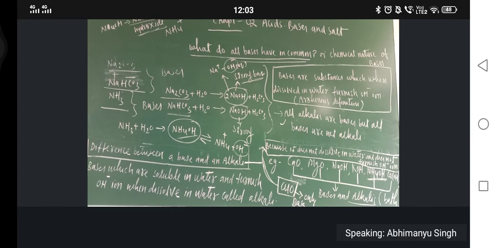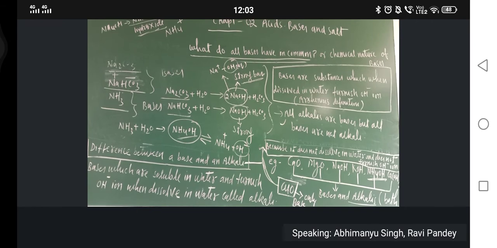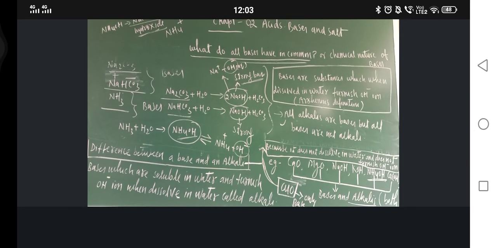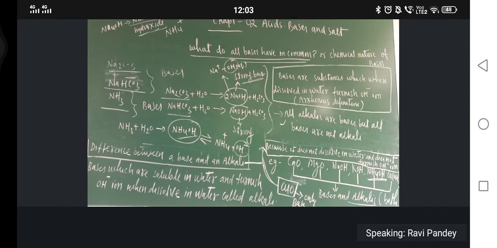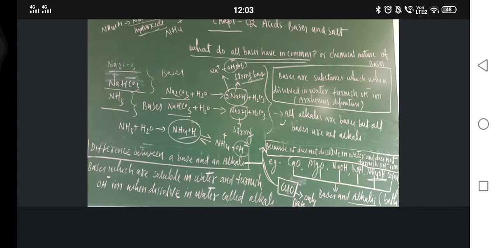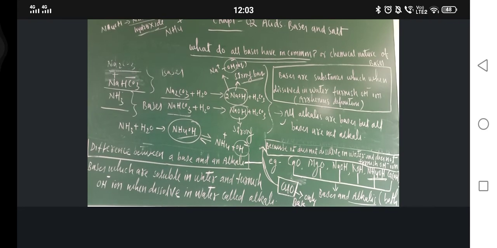How to prepare a base? Okay, very simple thing is there. Just see, metallic oxides you have taken. Lime water, have you got it or not? Just take calcium oxide and its reaction with water. Now you will get calcium hydroxide, that is a base. Milk of magnesia, have you heard?